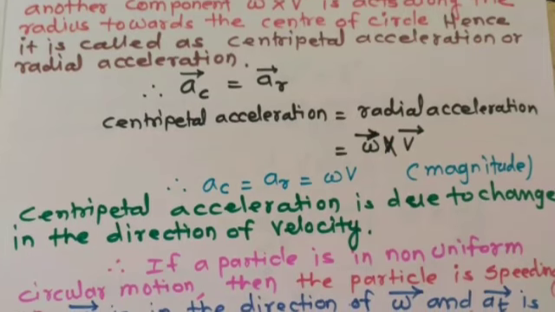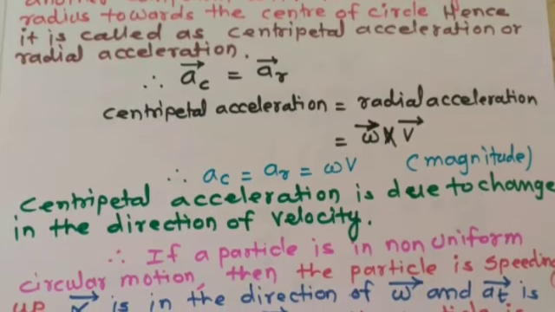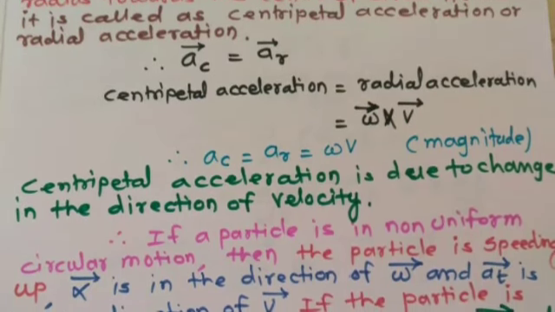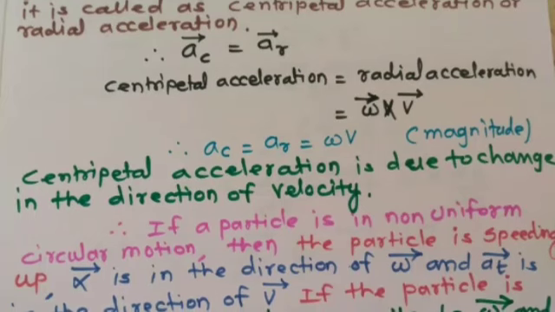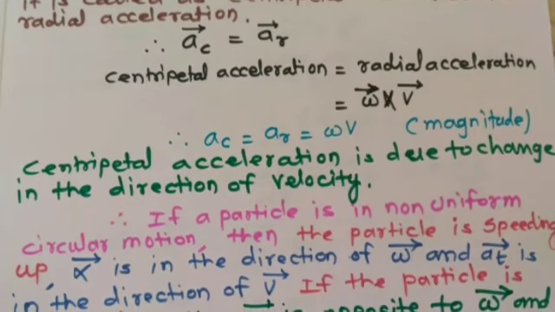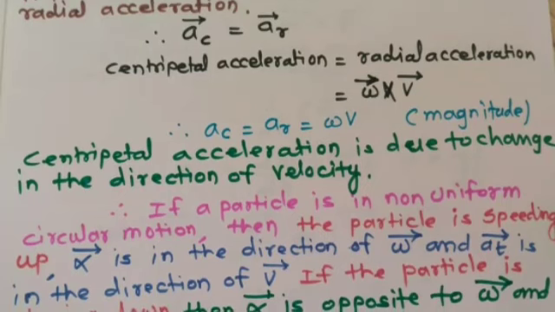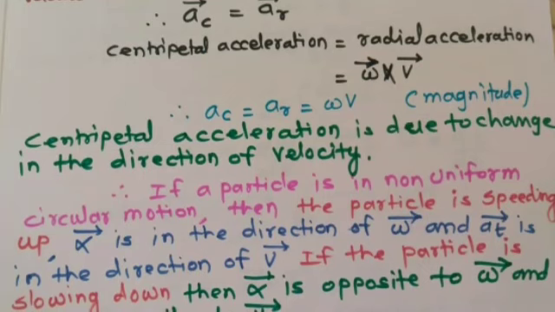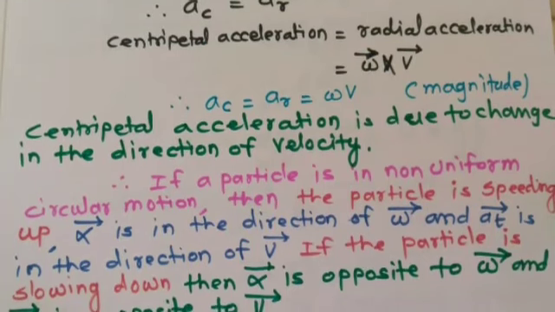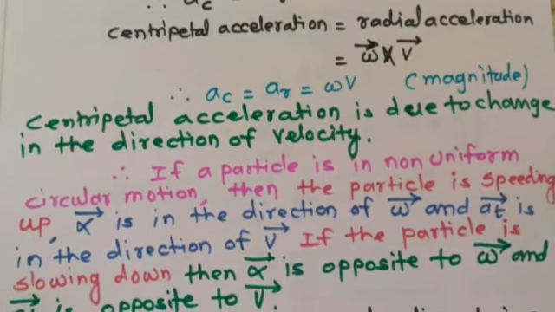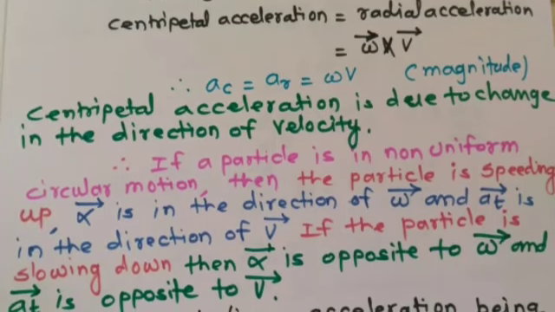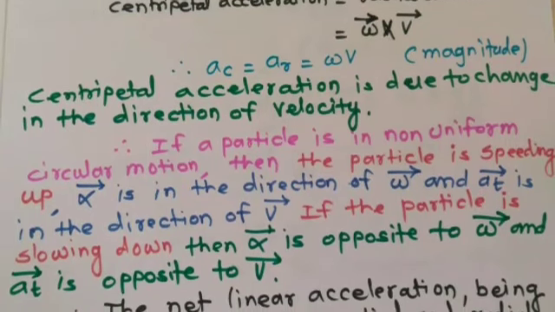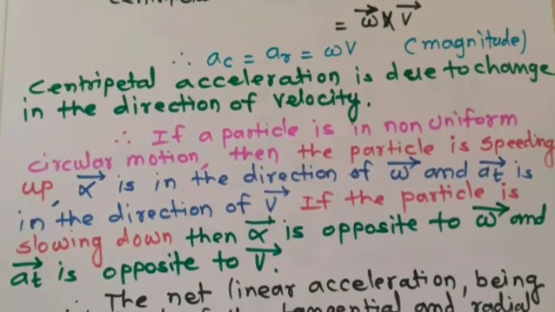Hence, it is called centripetal acceleration or radial acceleration. So, centripetal acceleration vector a_c is equal to radial acceleration vector a_r, which is equal to vector omega cross vector v. Therefore, centripetal acceleration equal to radial acceleration equal to omega v in magnitude. Centripetal acceleration is due to change in direction of velocity.